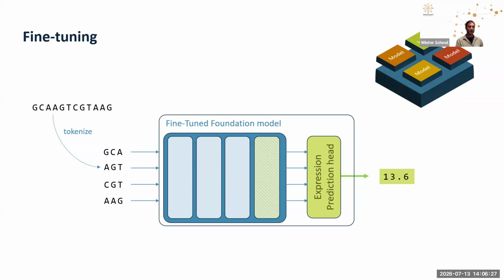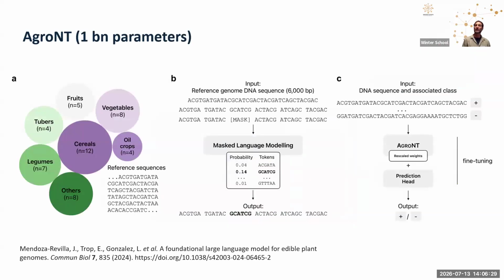Fortunately, many of the foundation models that exist out there often have fine-tuned versions as well. Here's an example in the plant space. This is a foundation model called AgroNT. NT stands for nucleotide transformer. It was trained on about, I think, 48 species of plant from across a wide variety of clades.